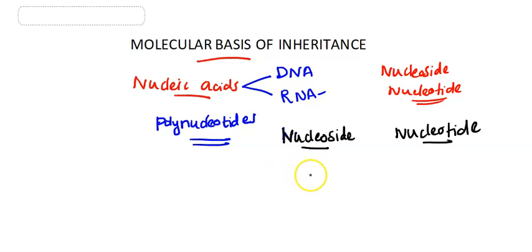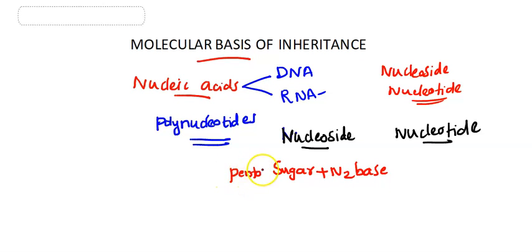Okay, so nucleoside is made up of two things. One is sugar, and the second one is nitrogen base. The exact name is pentose sugar.